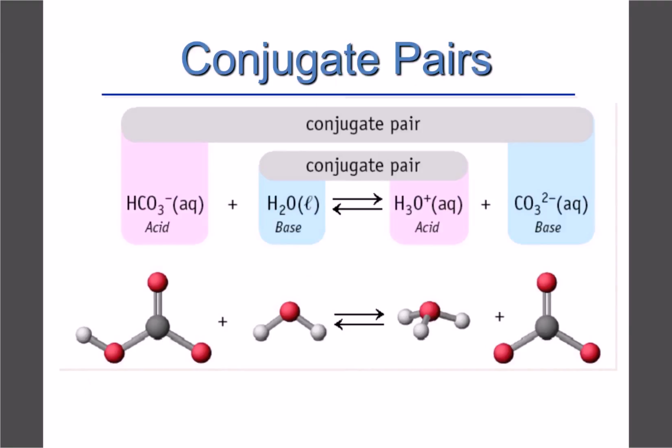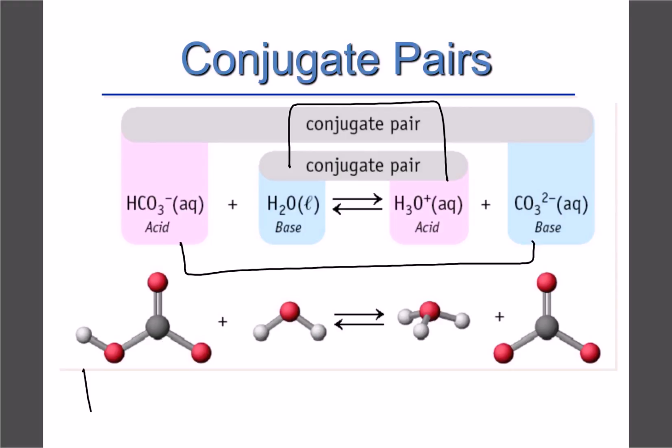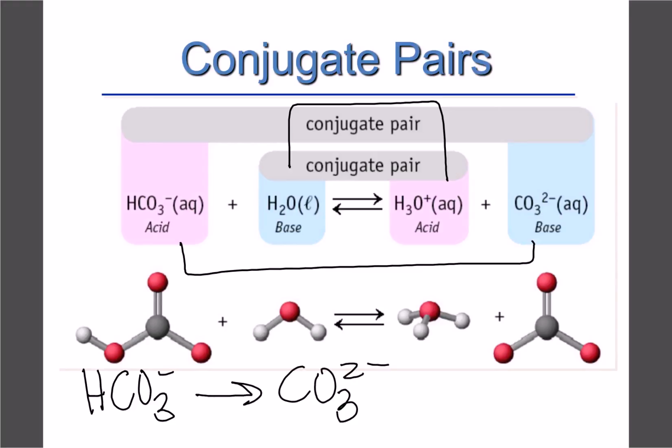Okay, so another example of a conjugate pair: HCO3- plus H2O to give you H3O+ plus CO3 2-. So these two are connected, and then these two are connected here. We had HCO3- going to CO3 2-. So this one lost a proton.